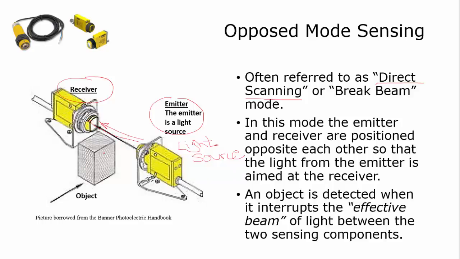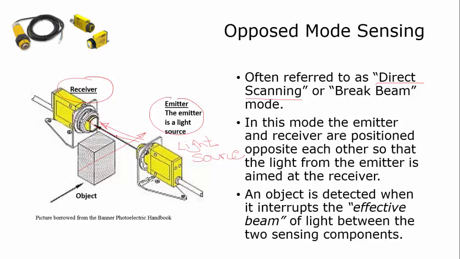When an object, and here's the object that we're going to be sensing, moves in and breaks the beam, the output of the receiver turns on or off, depending on the setting, so that you can get a signal at the controller to say something is breaking the beam, something is present.